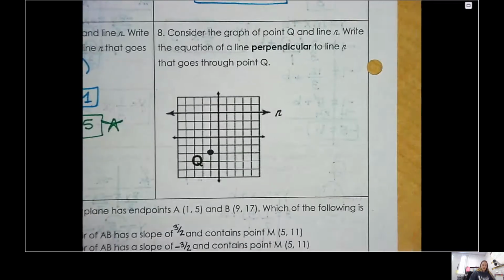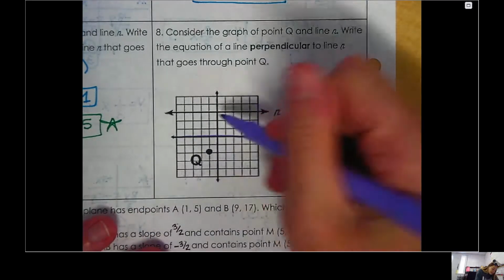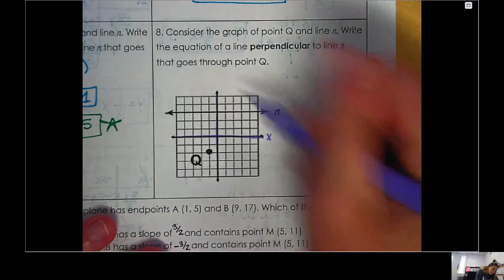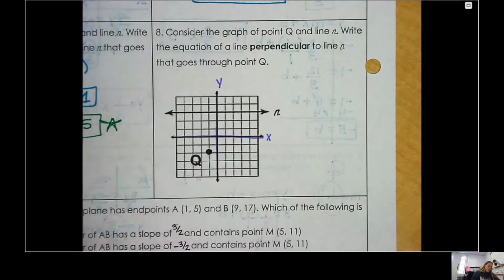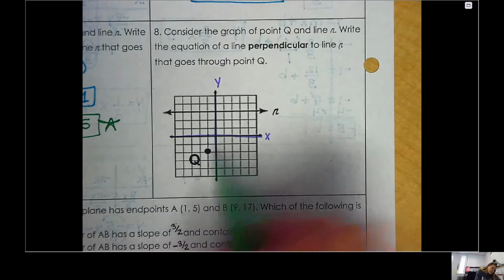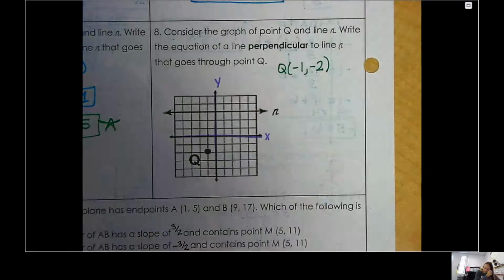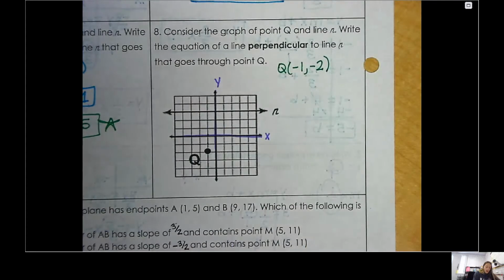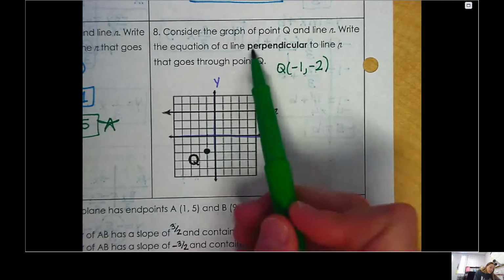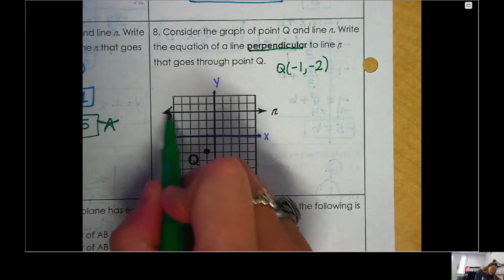Same idea over here with this next one. So here is my X and Y. So that's what I'm going to highlight them. Okay. Point Q is over here. Point Q is at -1, -2. Okay. But I want to write the equation of a line that is perpendicular to line N. So here's line N right here.